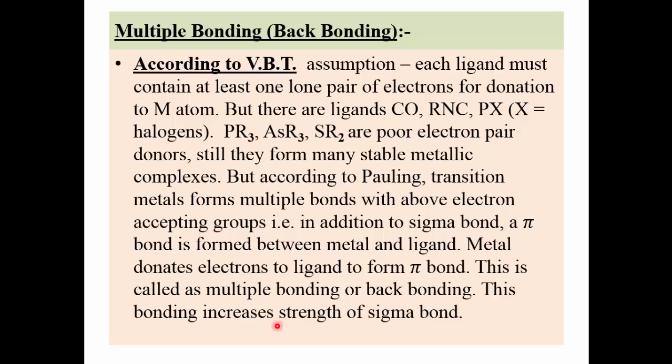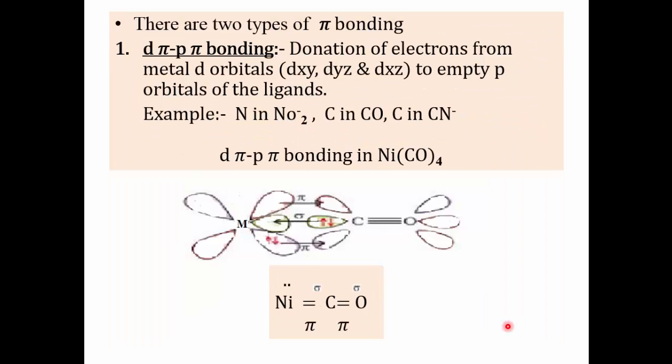This bonding increases the strength of the sigma bond. Got it? Along with the sigma bond, the ligand donates an electron pair to the metal. But in this case the metal donates electrons to an empty orbital of the ligand, and at that time there is formation of a pi bond, due to which the strength of the bond increases.